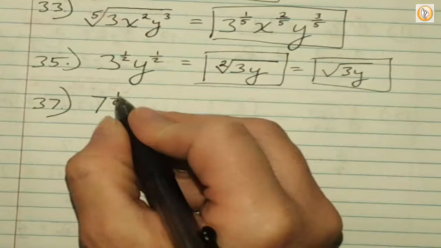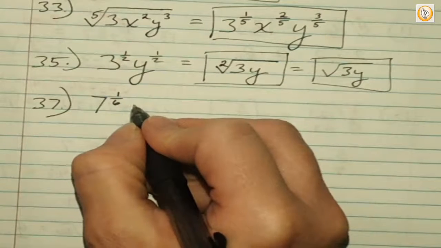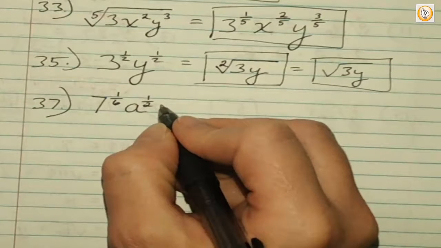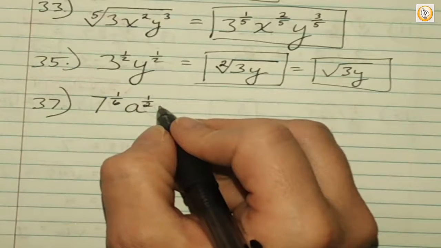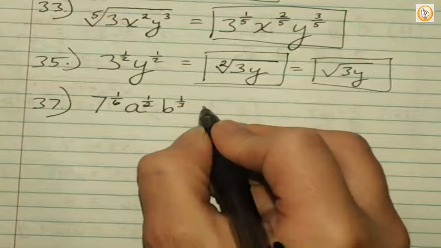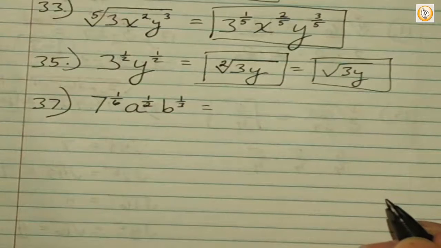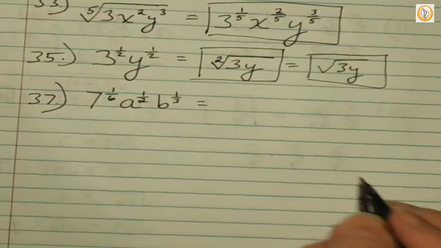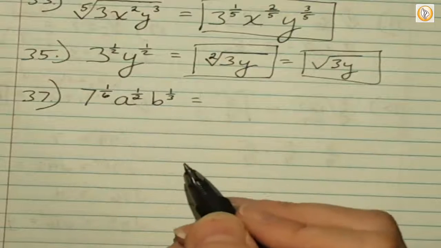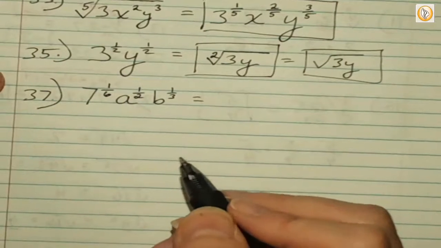All right, so 7 to the exponent of 1 over 6, a half, and then b, what is that, a third? Okay. So, Franz, you've already done one. Sophia? Oh no, Sophia, what's wrong with the denominators? Oh goodness, what do we need to do?